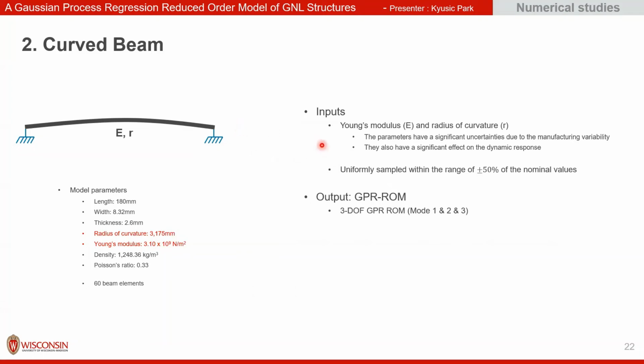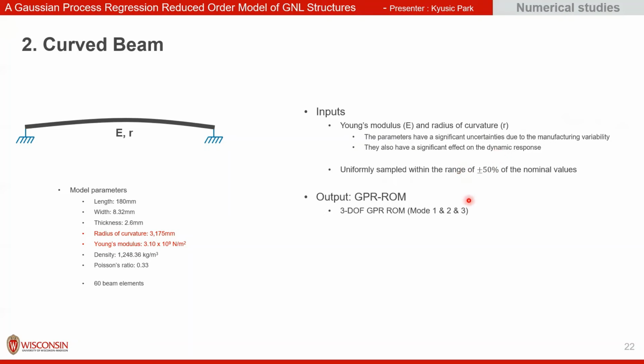The range of both of these parameters was taken to be from 50 to 150% of their nominal values, and 10 uniformly distributed samples were selected from each parameter, and they were combined to construct 100 training sets.